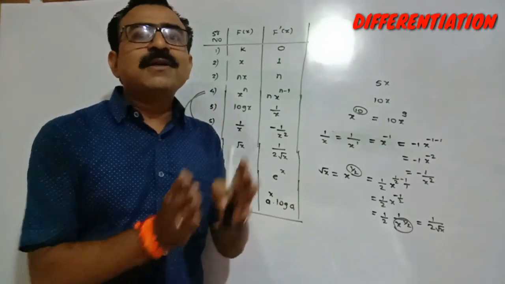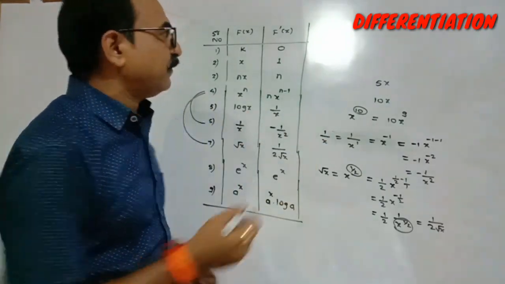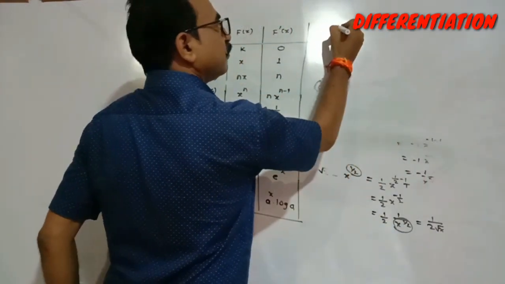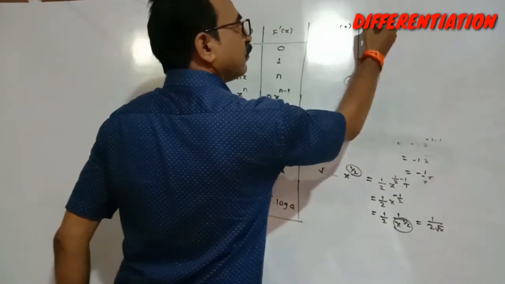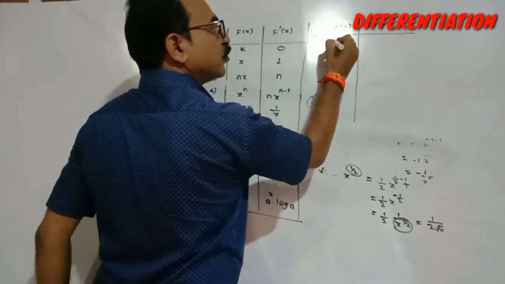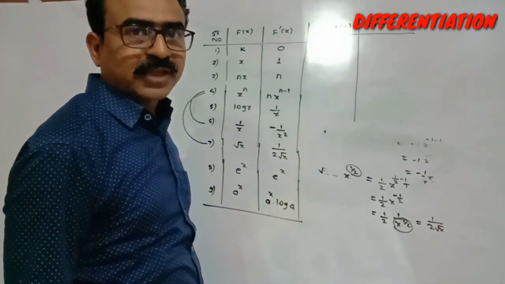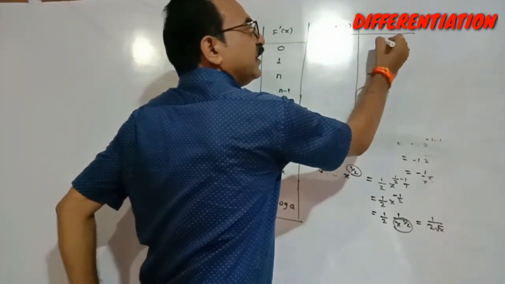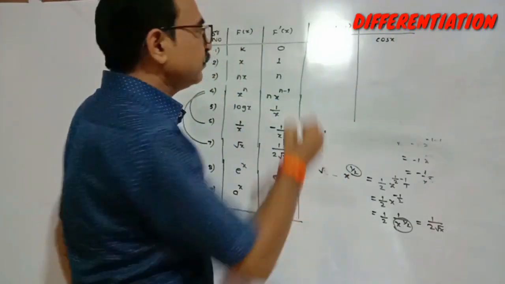Now let us learn about the derivative of trigonometric functions. So the first trigonometric ratio is sin x. So friend, the derivative of sin x is cos x.